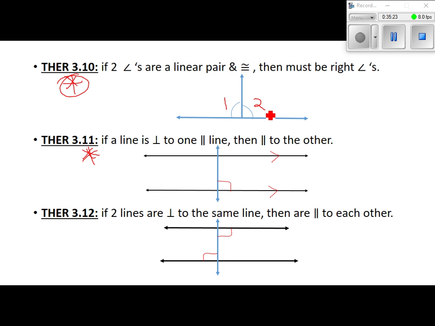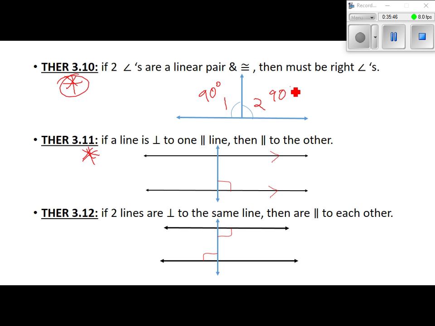Remember, these arcs tell us that those are the same, they're congruent. Well, the only way this will work out for those two to add up to 180, being a linear pair, and be congruent to each other is if both of them have a measure of 90 each. So each one has to be a right angle.